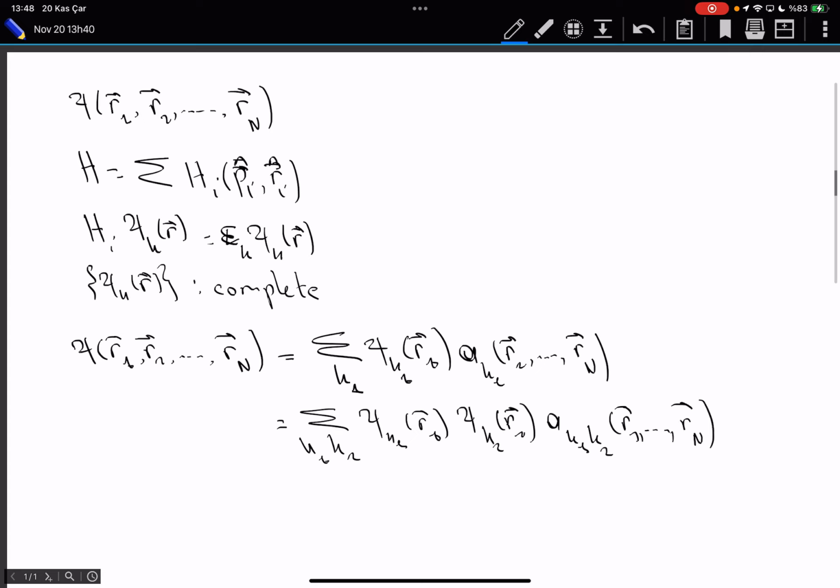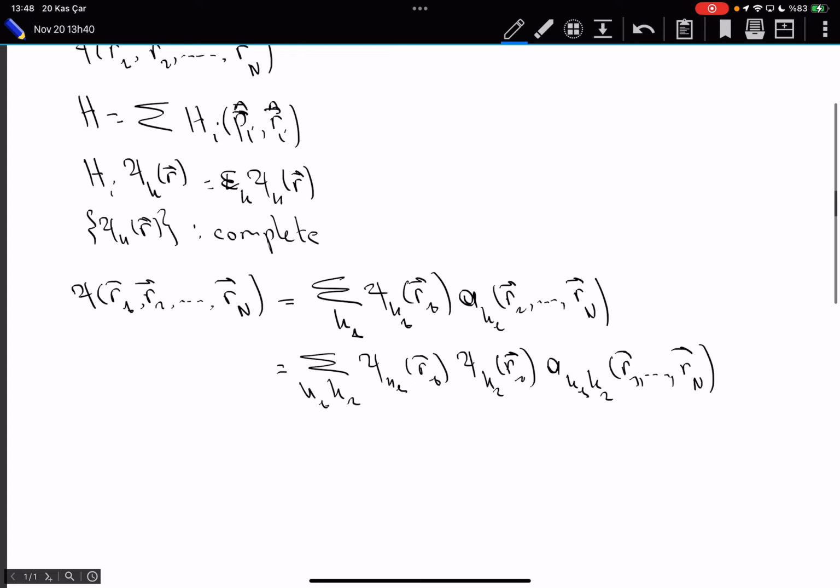Well, I can repeat the same thing for R3, for R4, for R5. So this n-particle wave function, I can always write as a summation over all k_i's of psi k1 of R1, psi k2 of R2, up to psi kn of Rn, with certain coefficients.